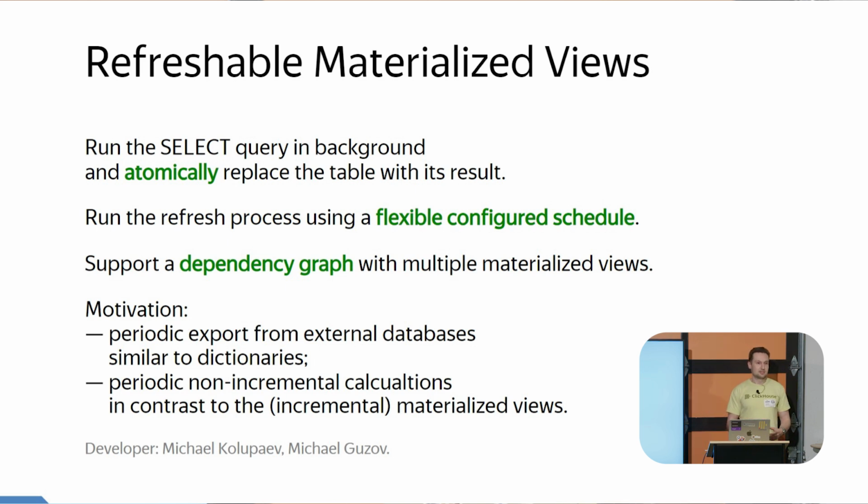So it is actually simpler than regular materialized views, because with regular materialized views, you can do incremental aggregations. You can incrementally transform your data. And this is simpler. You just fully refresh your data in the background.